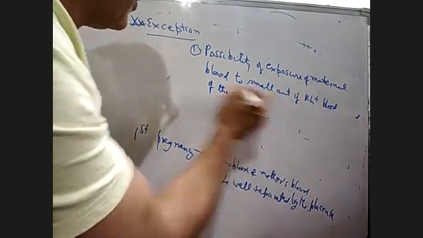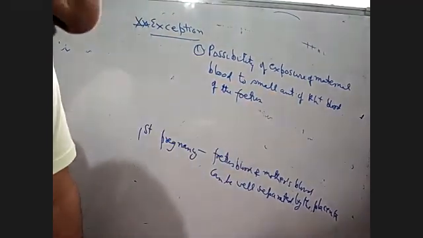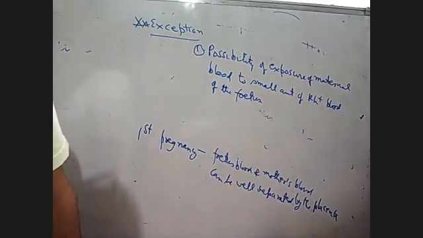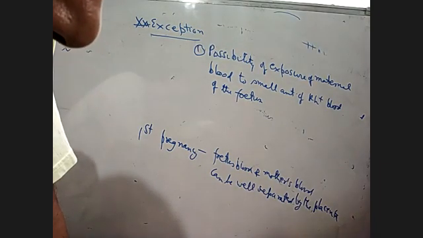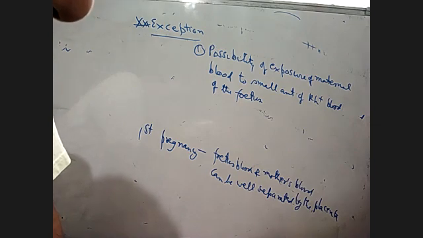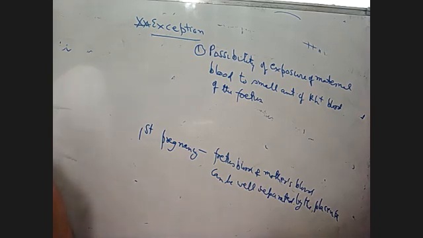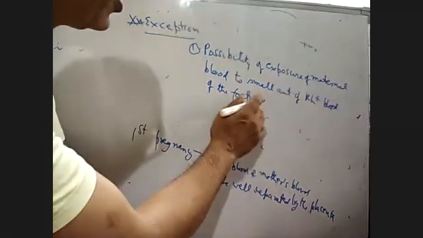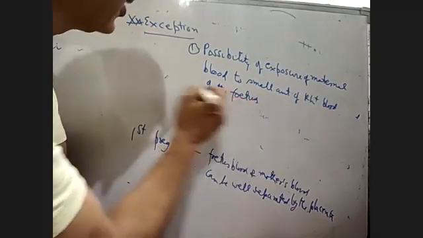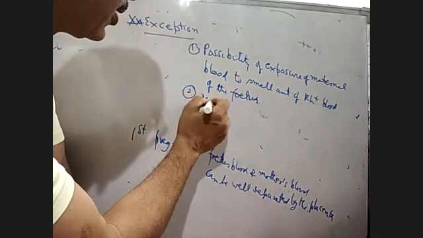Then what happened here? If there is a possibility of exposure of the maternal blood to a small amount of the Rh positive blood of the fetus, then here the mother starts preparing antibody against Rh antigen in her blood.